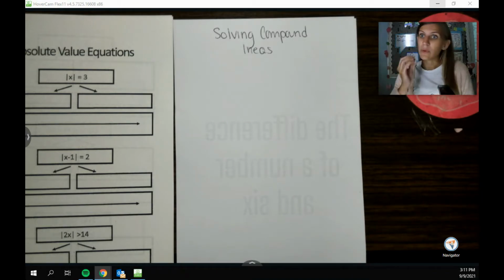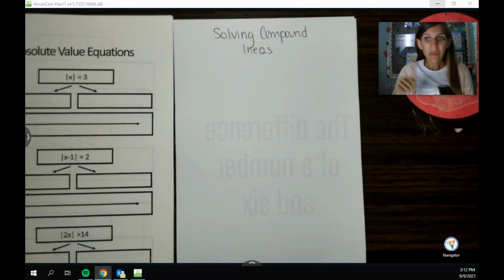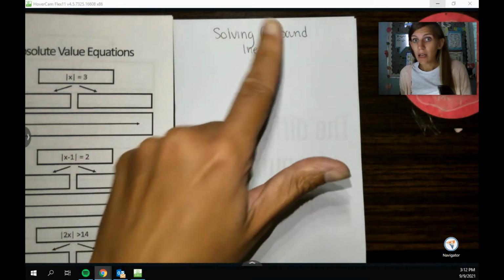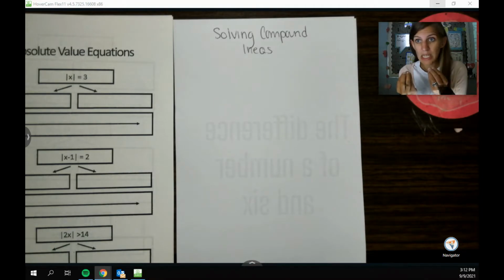So in English class, when we're talking about a compound sentence, we are combining two thoughts with the word and, or but. Same thing is true in math. When I talk about solving compound inequalities, we are taking two inequalities and combining them with the word and or. I guess they didn't want the but.